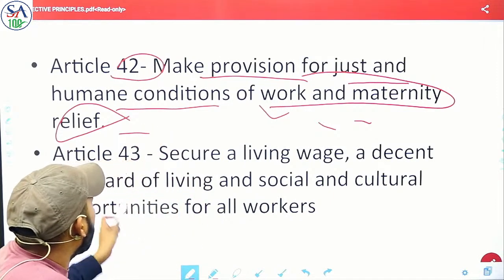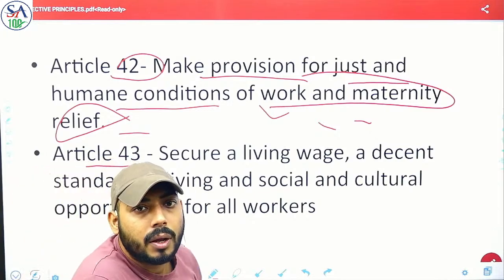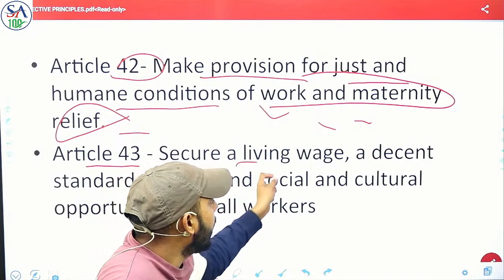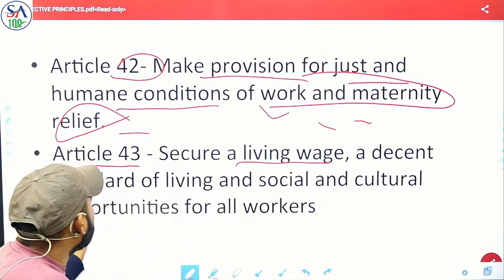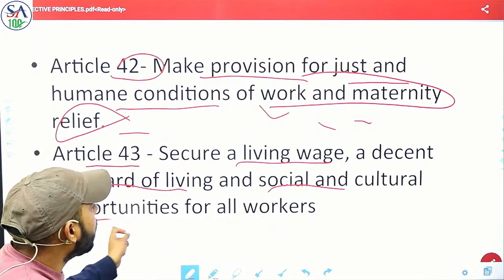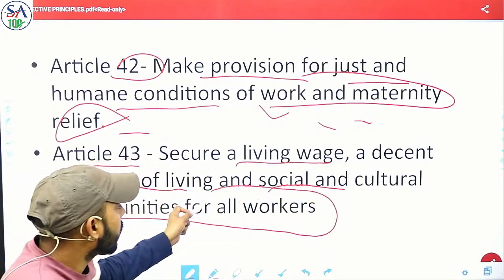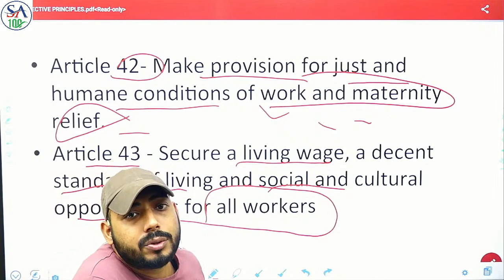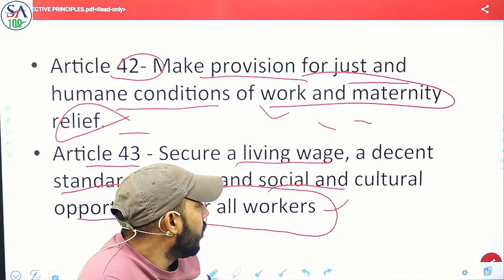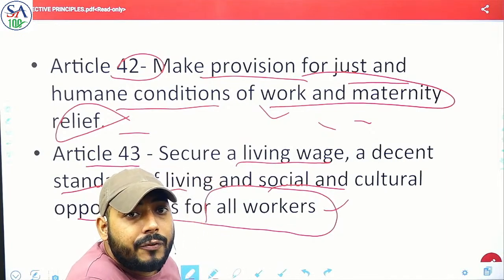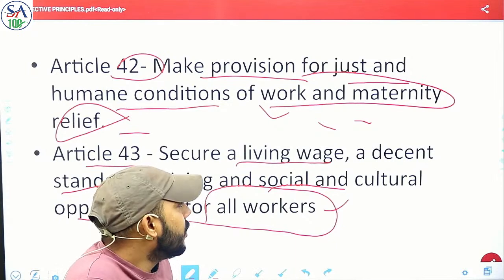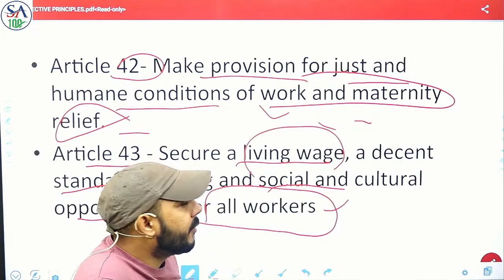Next is Article 43. Now what does Article 43 direct? Secure a living wage, a decent standard of living, social and cultural opportunities for all workers. It also directs the state to make provisions for welfare opportunities for workers, so that they get a living wage.